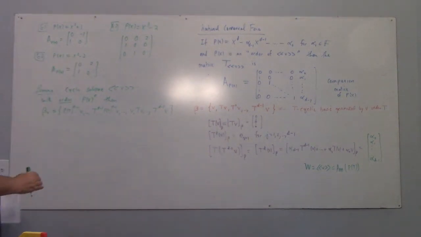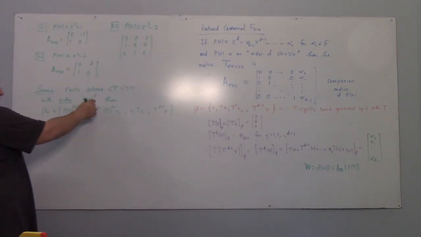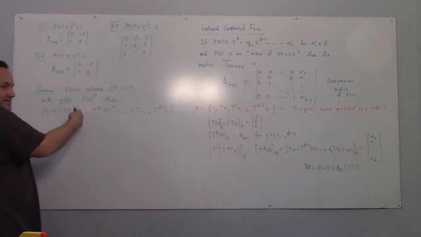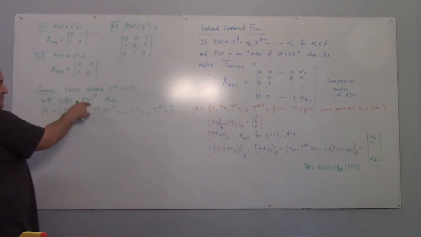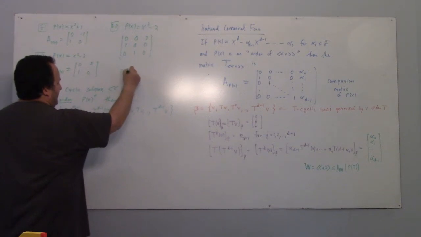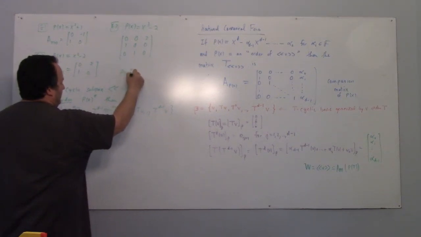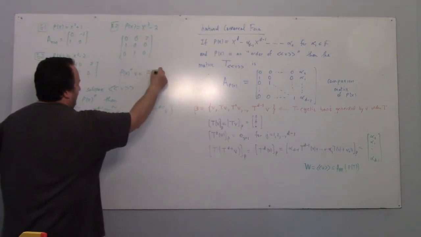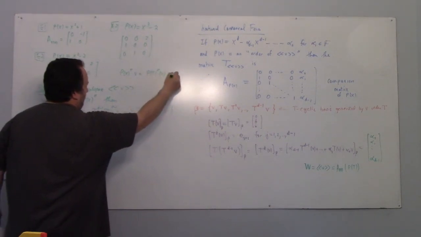So you're cycling through the next-to-highest power of this, like this is automatically 0. When he says order p(x)^e, what he means is that p(T)^e acting on V is 0.